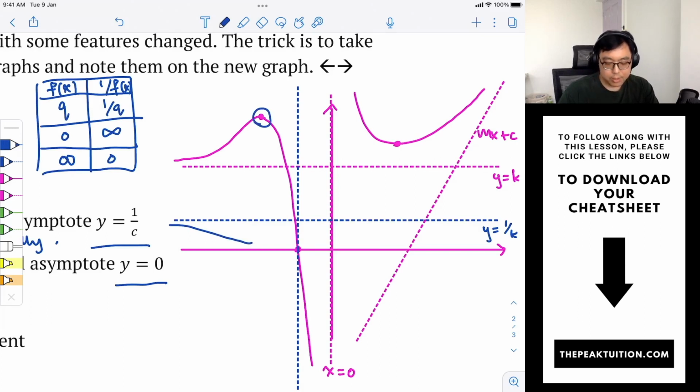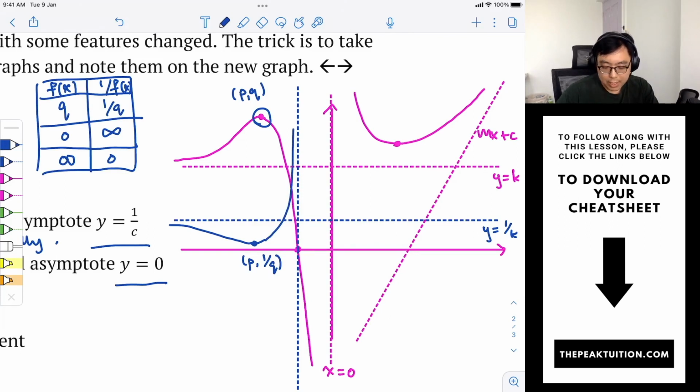This position, let's label it (p, q), will be the minimum point, and its reciprocal is (p, 1 over q). And because there is an asymptote here, the reciprocal graph goes to the asymptote as well, but it goes upwards because it's positive.